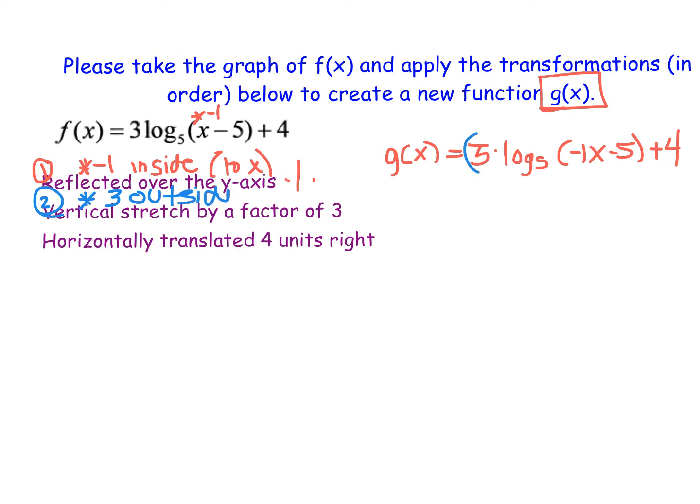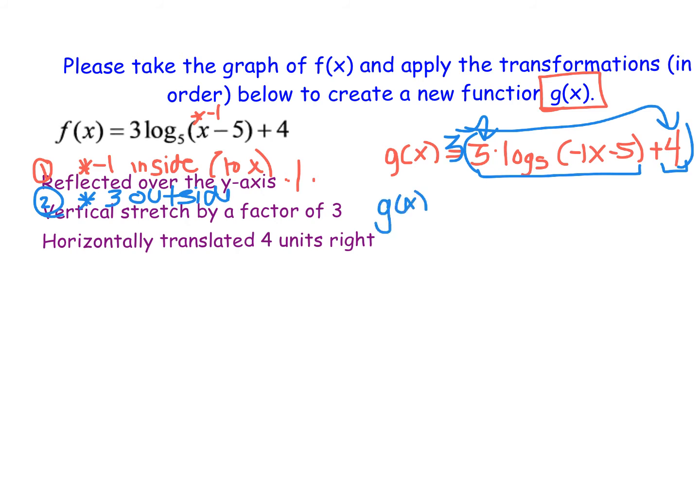So we're going to take this entire function and we're going to multiply it by 3 on the outside. This means that the coefficient of our log gets multiplied by 3, and the 4 over here gets multiplied by 3. Each term, or each set of items, so this is one term because they're all grouped together, and that's a second term, gets multiplied by 3.